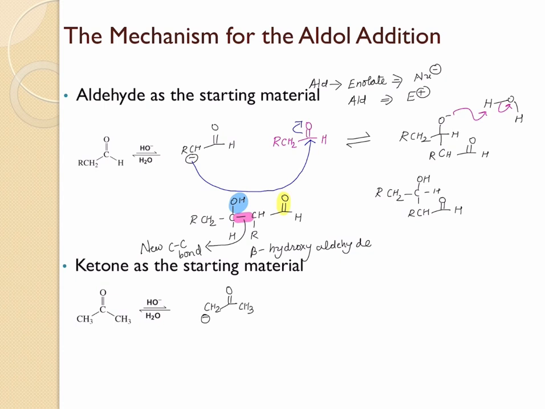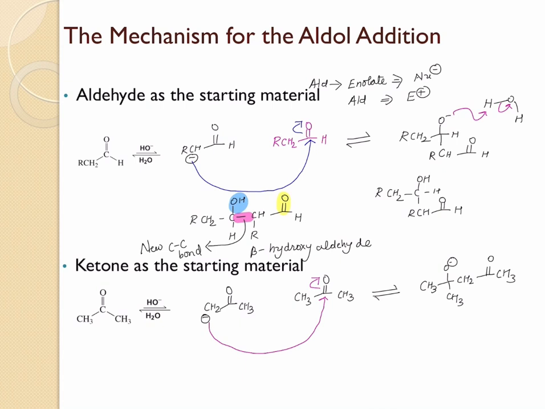Once the enolate ion is obtained, it's going to react with the second molecule of the ketone to make a nucleophilic attack on this electrophilic carbon. So this enolate ion will attack this carbon, thrusting those electrons onto oxygen. And you can see that this is a new carbon-carbon single bond that is formed. Okay.